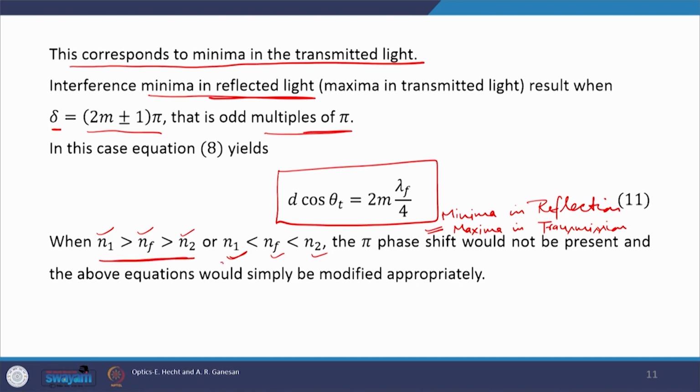In both these cases, this pi phase shift will not appear, it would not be present. And therefore, the condition of maxima and minima in transmission and reflection would be modified. This equation would be different, because now we will have to take away the extra pi phase shift from equation number 10 and 11.